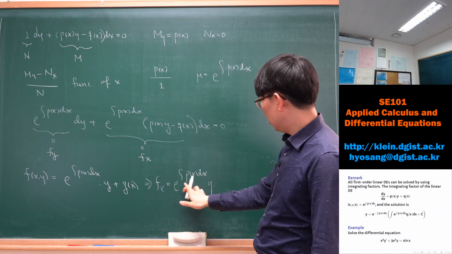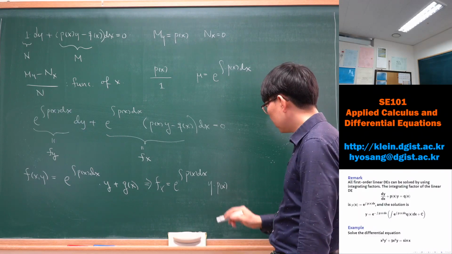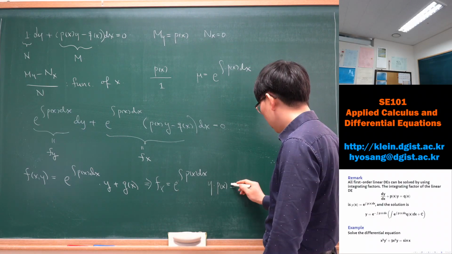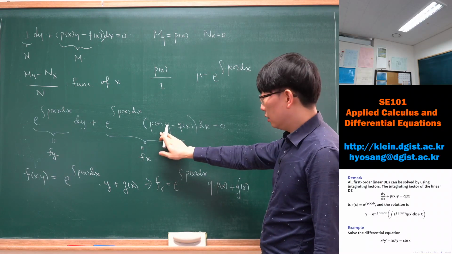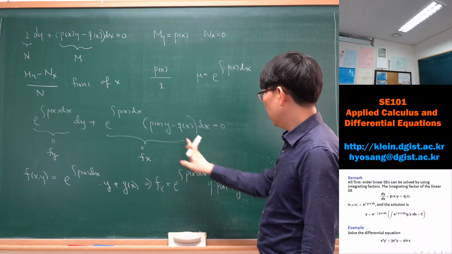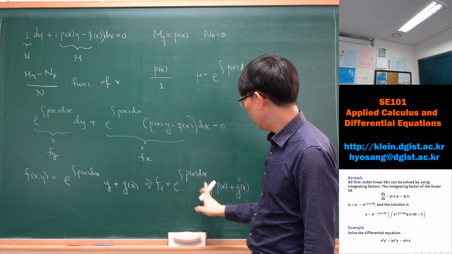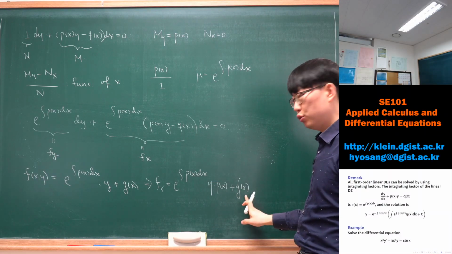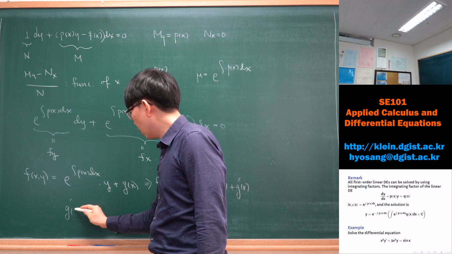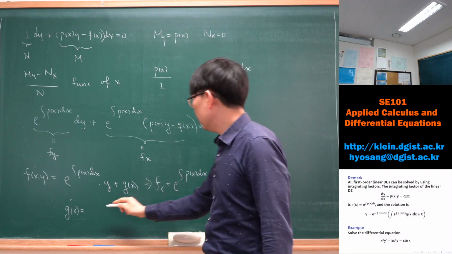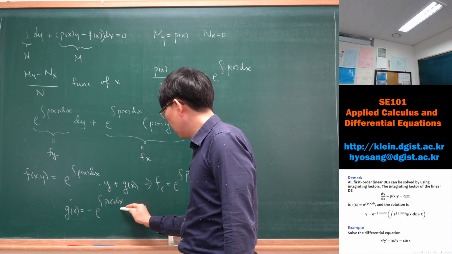And also I take the derivative of the exponent, which is p(x), and then g prime(x). So if this formula equals the other formula, then the first terms are equal. The second term must be g prime. So g prime(x) must be minus e to the integral p(x) dx times q(x).